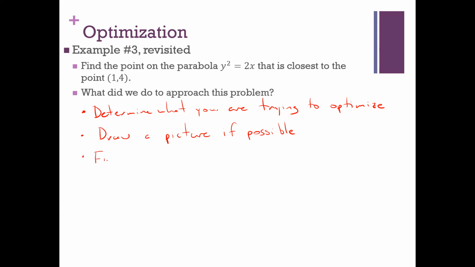So find equations to model the situation. Yeah, you're typically going to have at least one thing that constrains the situation, and one thing to optimize.